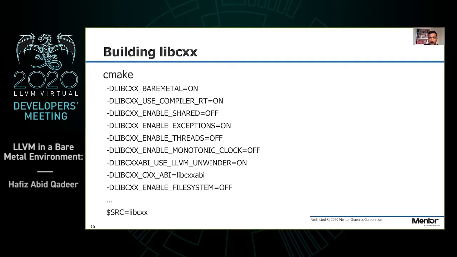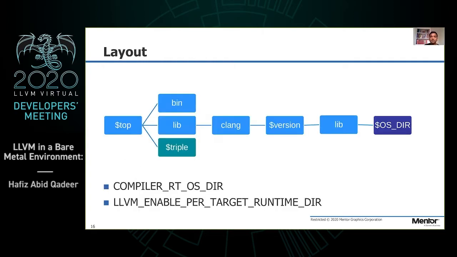Now we look at the directory layout, how it will look when we install these libraries. So we have two sets of libraries. One is dependent on the compiler version, compiler-rt. That is installed in a compiler version specific folder, as shown here: libclang, then the version, and then lib.